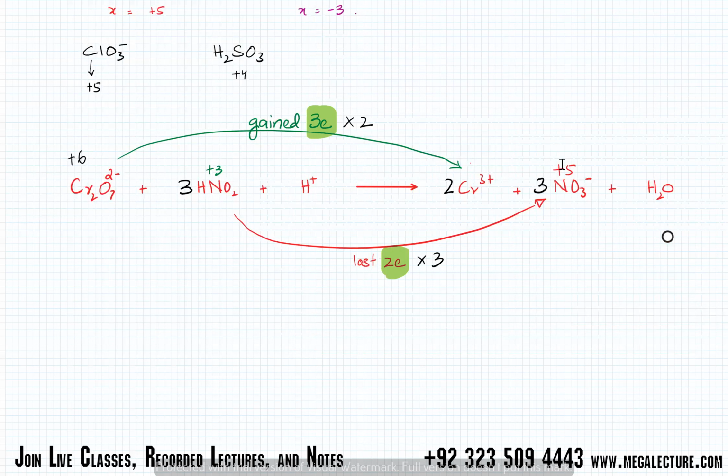So I need 13 oxygens on this side. So that's 3, that's 9. So I need 4 oxygens on this side. So there should be 4 water molecules, and then we can accordingly balance the hydrogen atoms as well. That's 8 H's on this side. So there are 3 already there. So I guess there's just going to be 5.